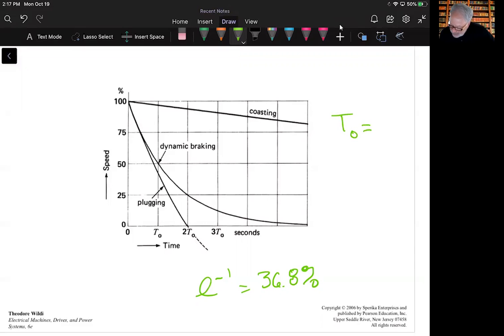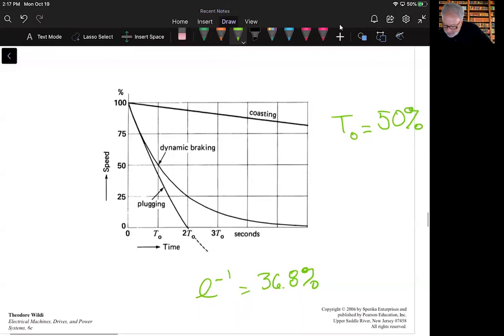It is a time constant that gives us 50% of the initial speed. That's what figure 5.18 is showing us: after this T sub O, the machine is at 50% of its initial speed. I guess that is a little easier to work with, and it probably makes more sense with electrical machines to define the time constant that way.